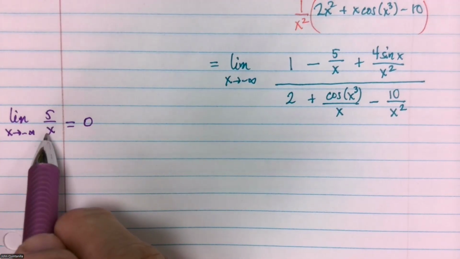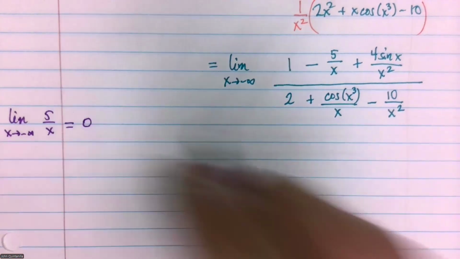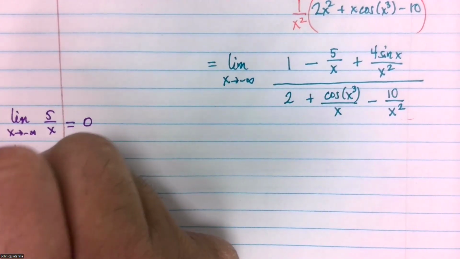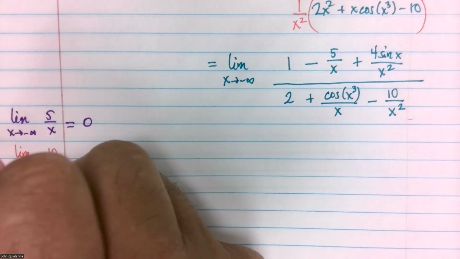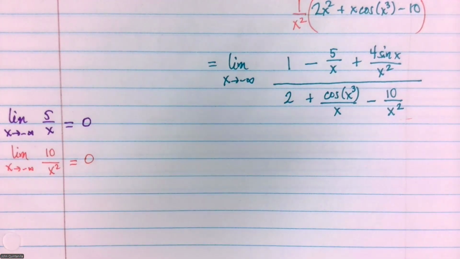The limit of 5 over x, or anything over x, as x goes to negative infinity is 0. And the limit as x goes to negative infinity of 10 over x squared is also 0. The same would be true if it was plus infinity.